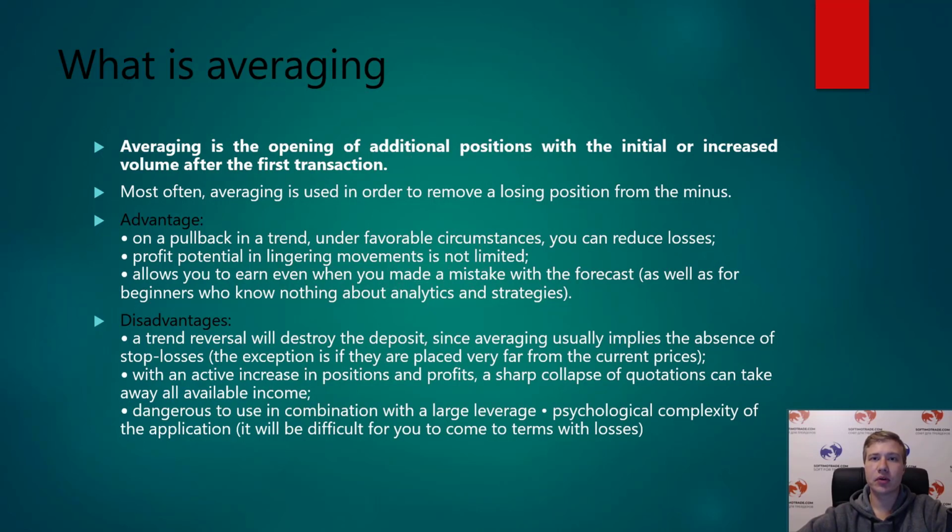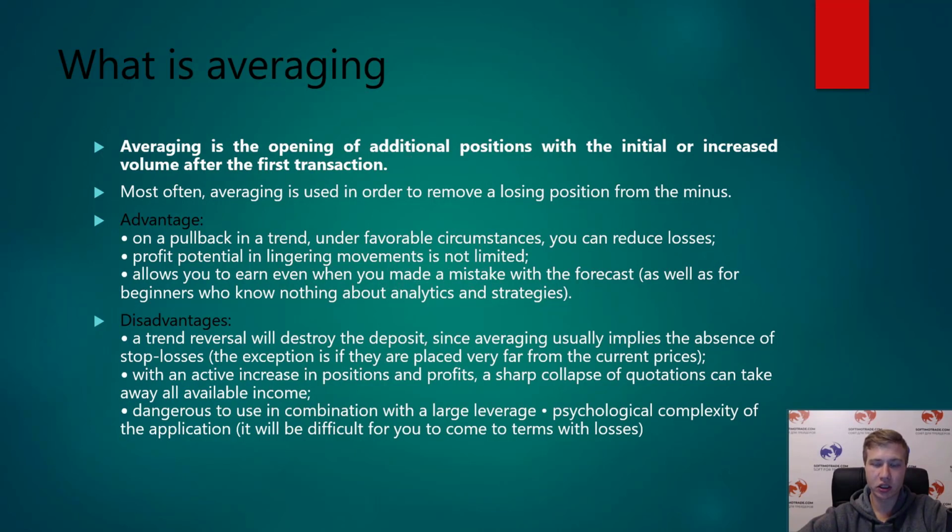What are the disadvantages of the averaging strategy in the Forex market? In the Forex market, large leverage is very often used. Some experienced traders say that they are incredibly large. There is 1 in 500, 1 in 1000, and so on. This allows us to use many times more funds than we actually have.